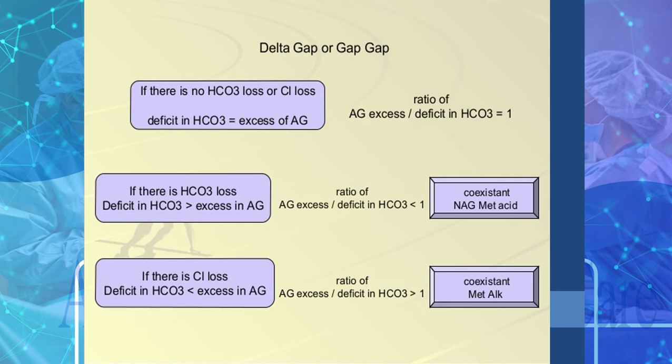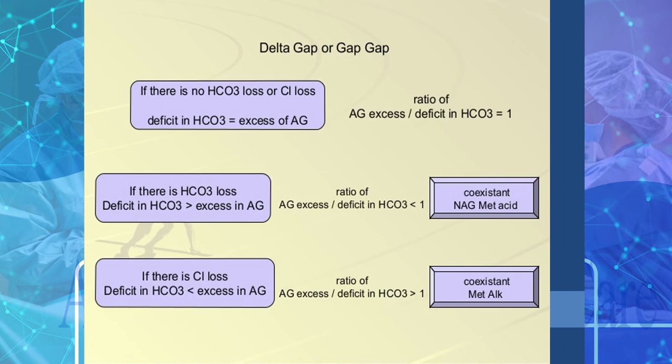Delta gap or gap ratio. If there is no HCO3 loss or chloride loss, the deficit in HCO3 should equal the excess of anion gap, so the ratio between them will be 1. If there is HCO3 loss for another reason, the deficit in HCO3 will be more than the excess in anion gap, and the ratio will be less than 1.